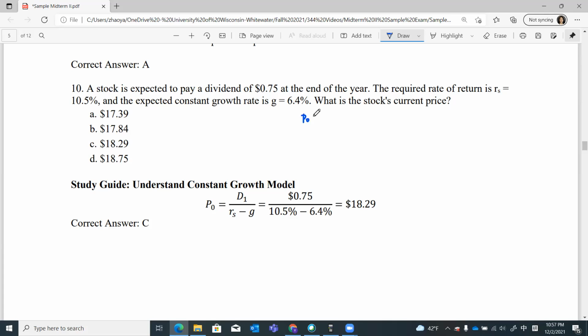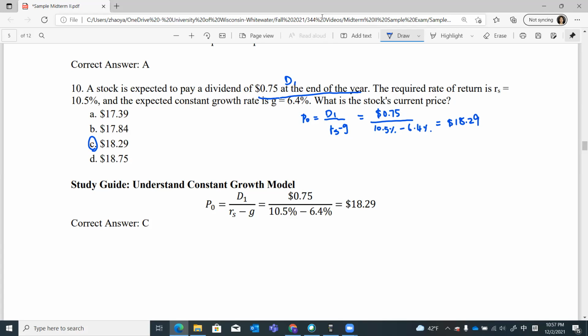So P0 equals to D1 divided by RS minus G. And the stock is expected to pay a dividend of 0.75 at the end of the year. This is D1. So it equals to 0.75 divided by 10.5% minus 6.4%. So it's 18.29. Choice is C here.